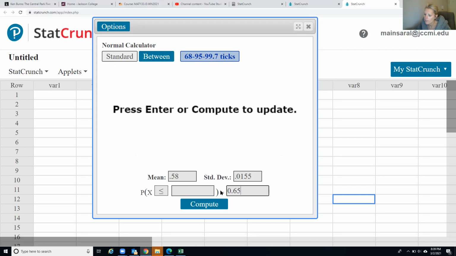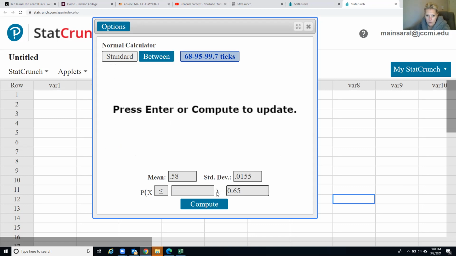The probability is, where they're saying 65% of people or less believe this. 65% of the samples are going to have, so let's write that out here in a minute. So this area is 65.